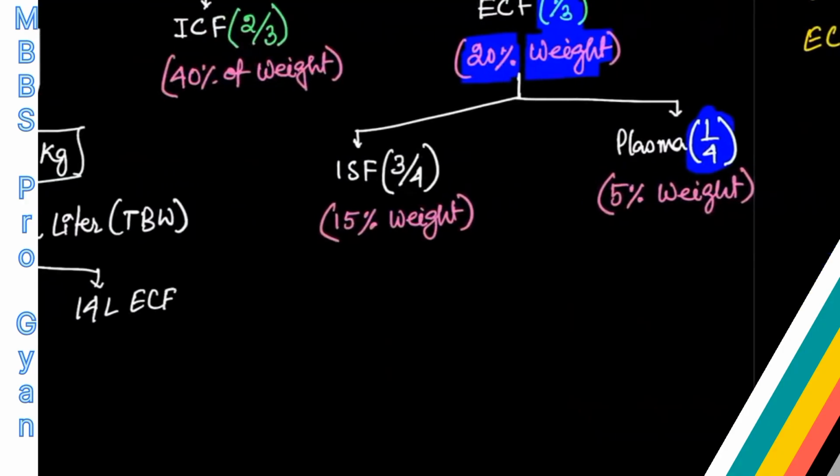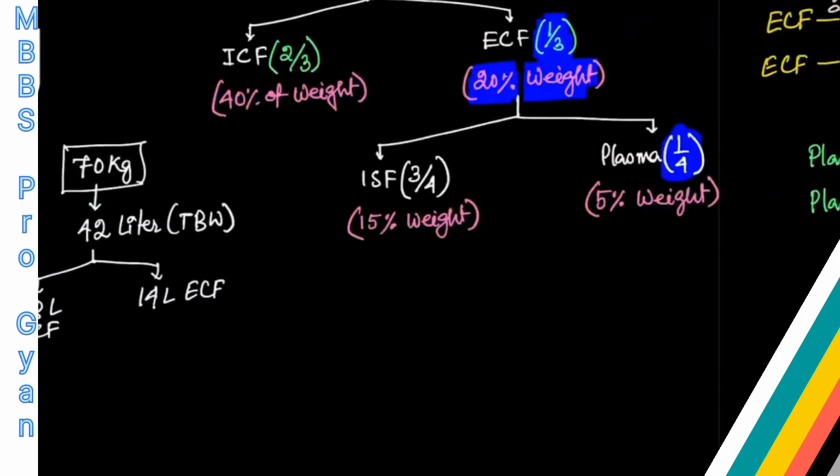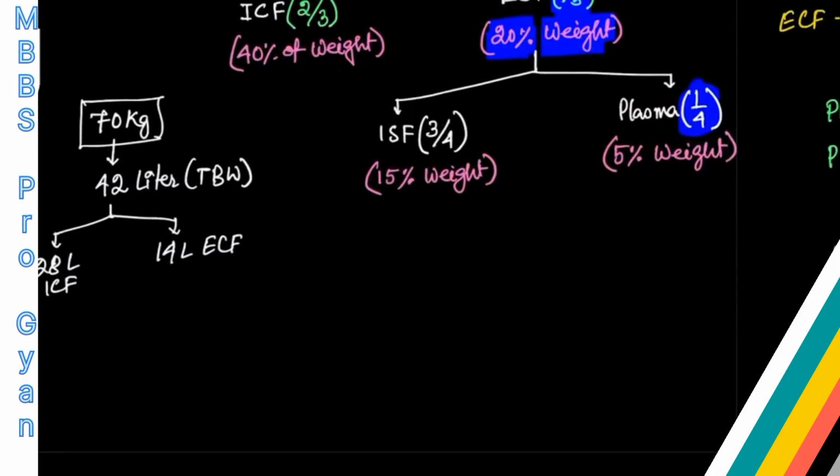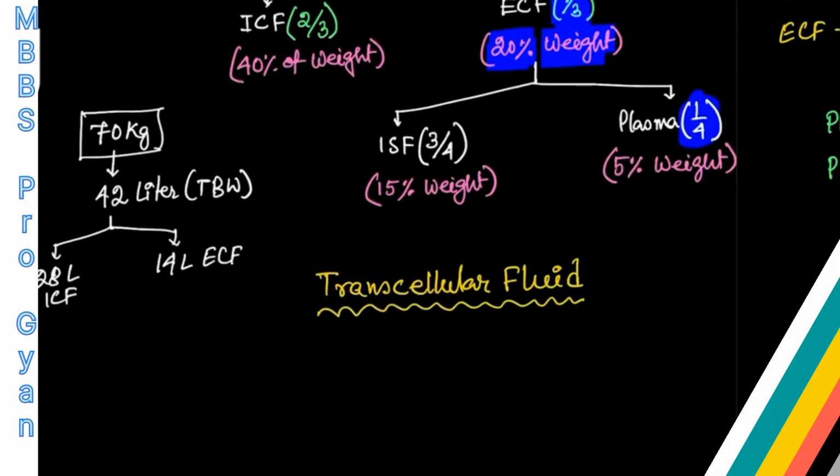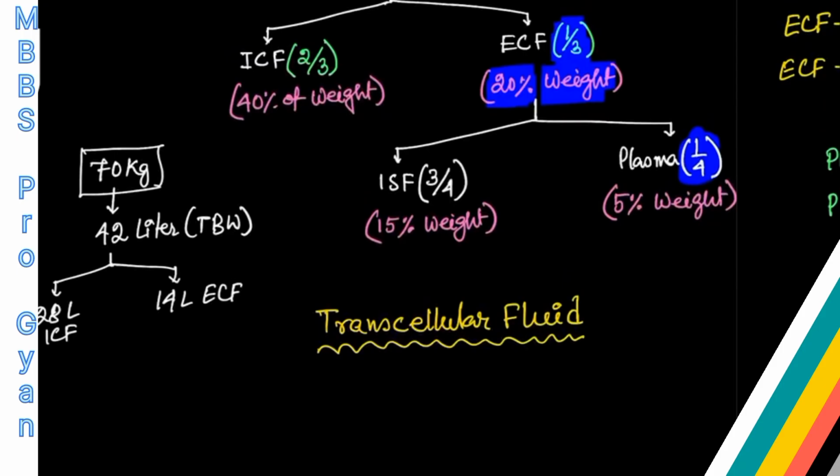So this is about different types of body water and how they are distributed. Now apart from all these types of body water, there is something which is called transcellular fluid. Transcellular fluid is not included in this distribution which we have already discussed.